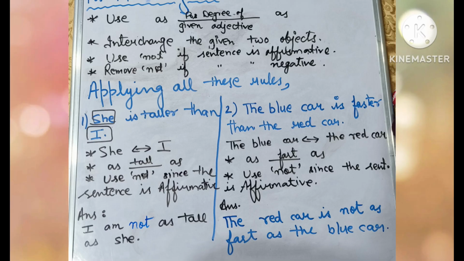Now we go for the second sentence. The blue car is faster than the red car. The first rule, interchange the given objects. We will start with the red car, then present tense, we will take the red car is, and faster than will be removed, as fast as. The red car is as fast as the blue car, but we have to place not also. Why? So that the meaning should not be changed.